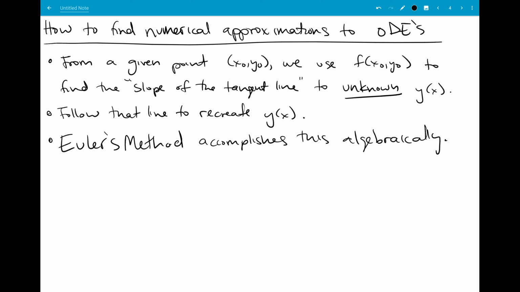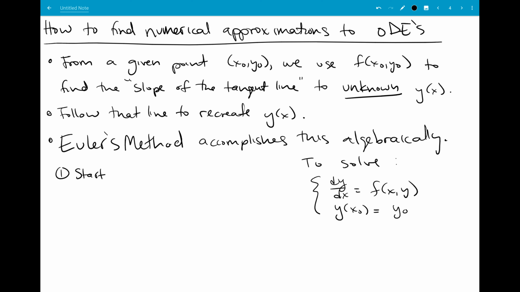And so that's going to just involve a few simple steps. So we're going to think about this for a differential equation, dy/dx equal to f of x, y, with an initial condition y of x0 equals y0. So if our goal is to solve that, we're just going to start at our x0, y0.